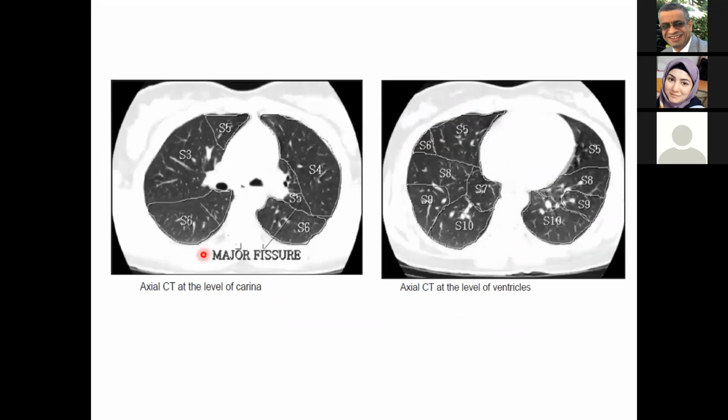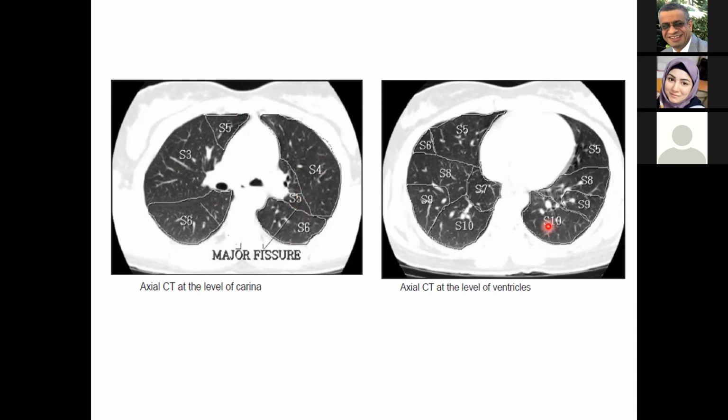At the level of the carina, we have part of the right upper lobe and right lower lobe and the medial part of the middle lobe. On the left side, left upper lobe, left lower lobe, and the inferior part of the lingula.